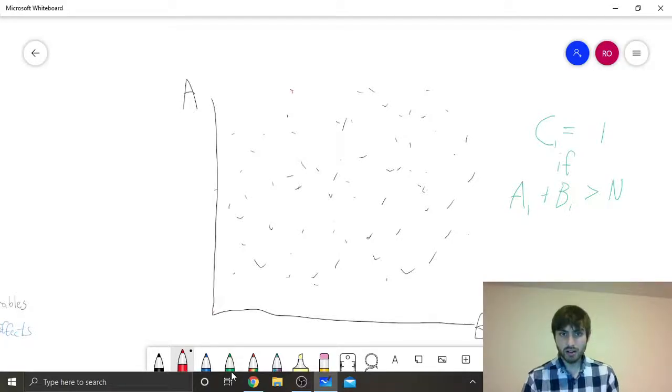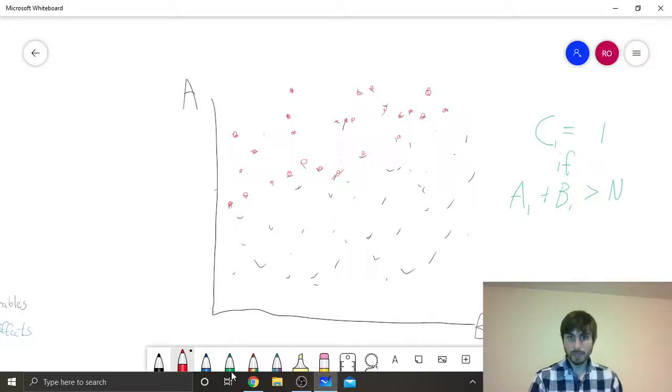So all of these dots here would have C equal to 1.